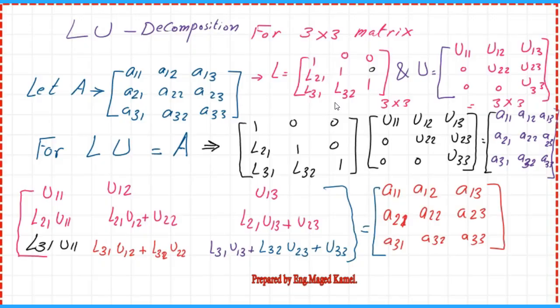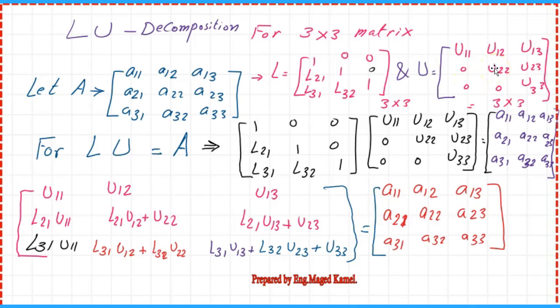We add L32. So L31 multiplied by U12 added to 0, while L32 is the product of L32 by the second row added to the third row.